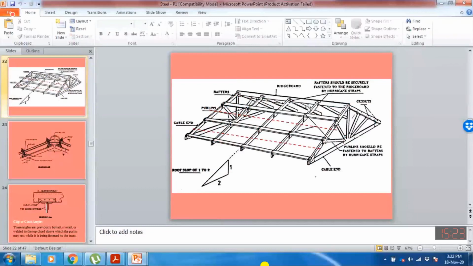How can I compute this inclined area? If I know this half length of the truss and this angle, then half length divided by this inclined length will be equal to cos theta. Or if I divide the half length by cos theta, I will have this inclined portion.